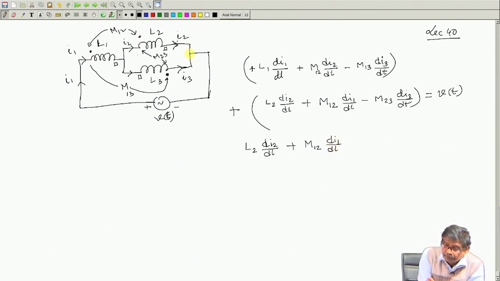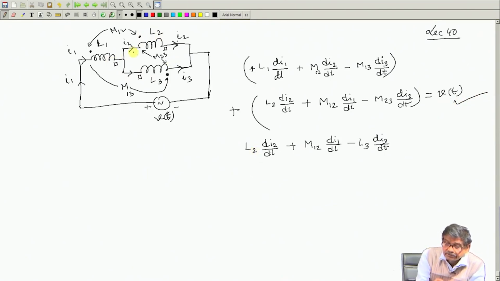Then you reach this point, then from this to this you are coming. So, it will be minus L3 di3/dt in this loop I am writing. So, this is okay, na?